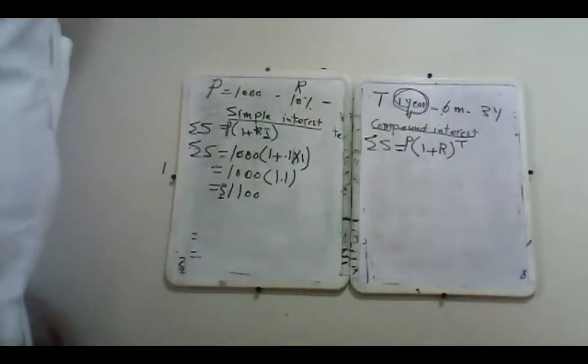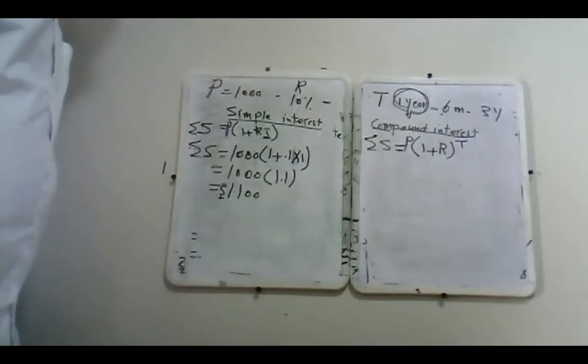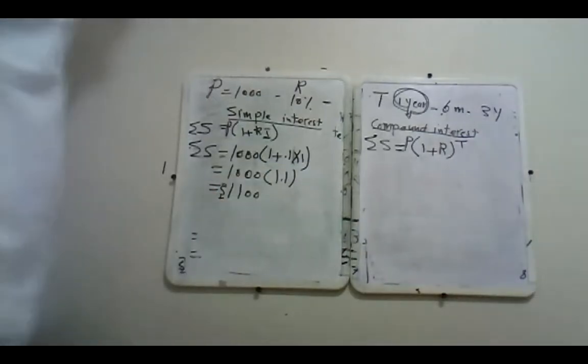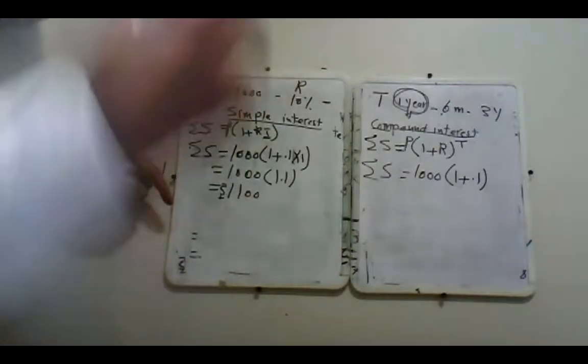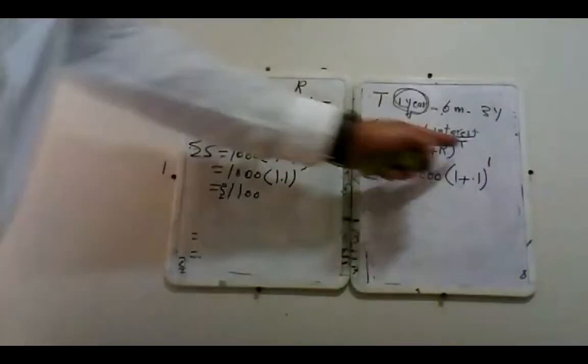This is the simple interest. Let's see the compound interest. Here we go for the compound. The principal is 1,000 multiplied by 1 plus the ratio, which is the same, 0.1. Here is the power, now the power is t. So power 1, because the time is 1 year.